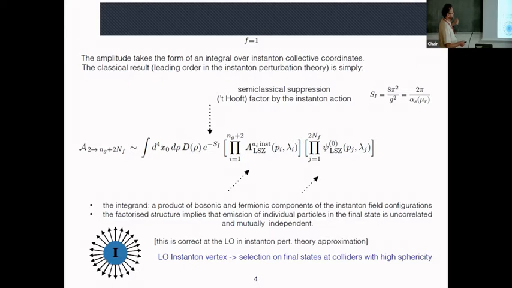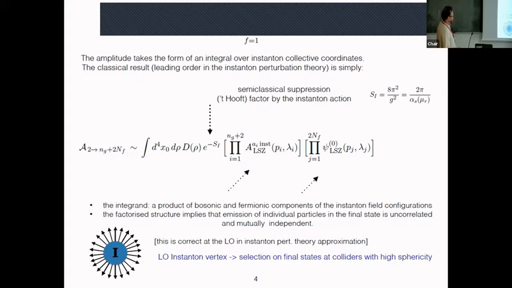Then you put in 2nf fermion zero modes, again in momentum space and LSZ reduced. And then we integrate over all of the instanton collective coordinates. So in the leading order instanton perturbation theory, I mean that all of the incoming and outgoing legs have the actual instanton configuration in them, rather than fluctuations around the instanton configuration, right?